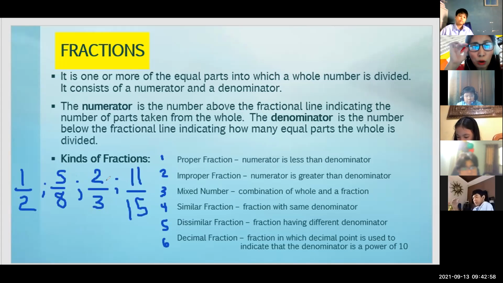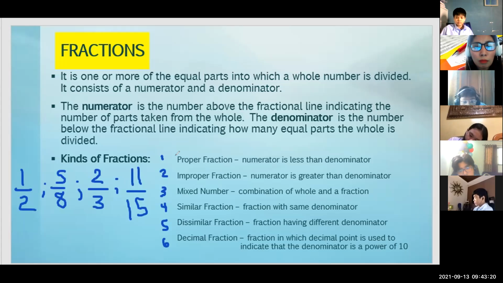Those are examples of proper fractions. That's why it is called proper, because the numerator is less than its denominator.